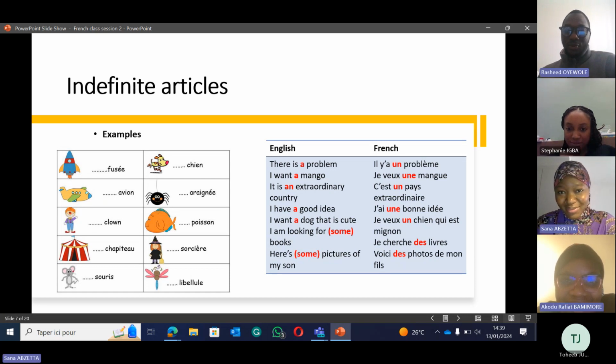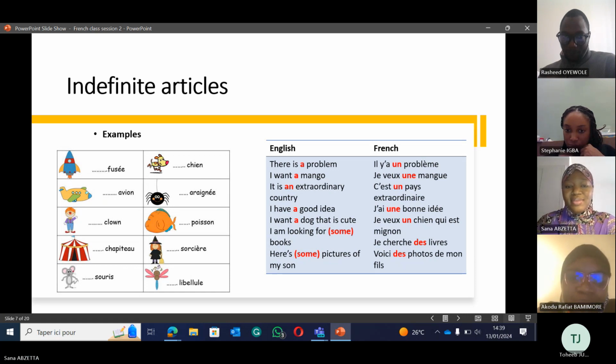Voici des photos de mon fils. The word here, fils, we do not read the l, we just read the s. It will be fils. Voici des photos de mon fils. Good.